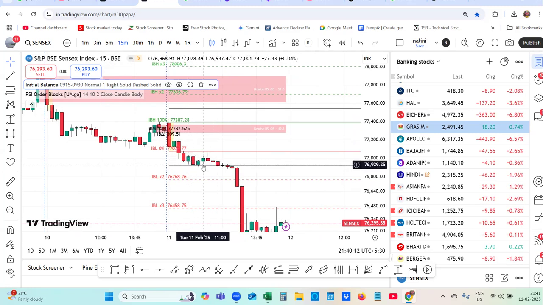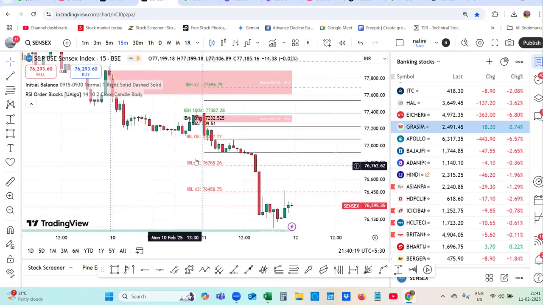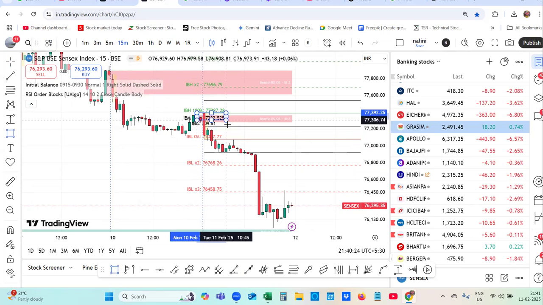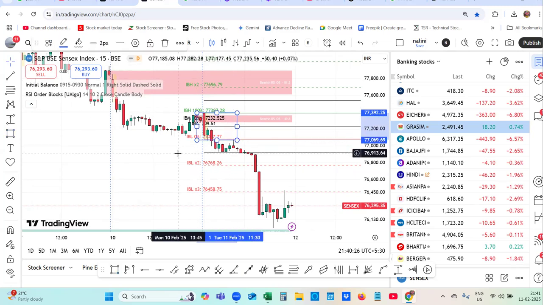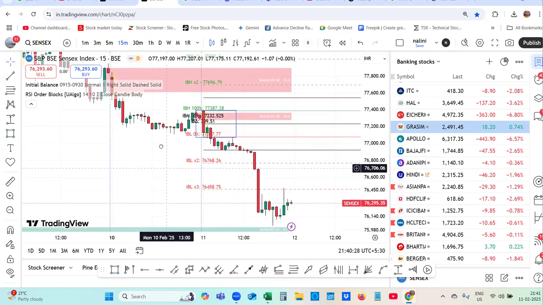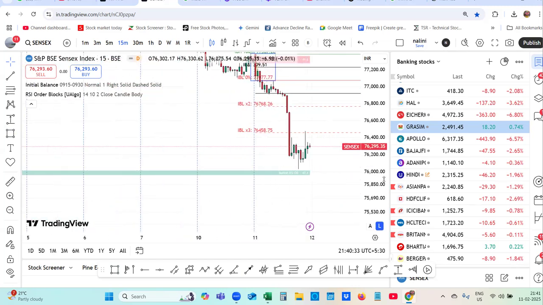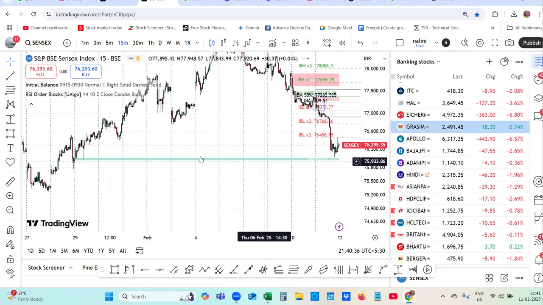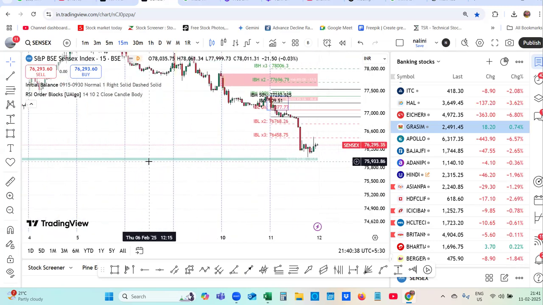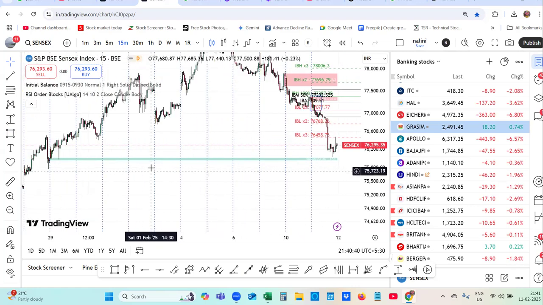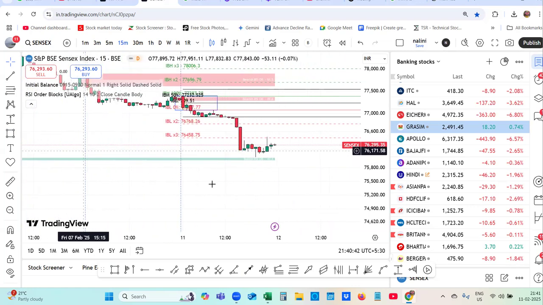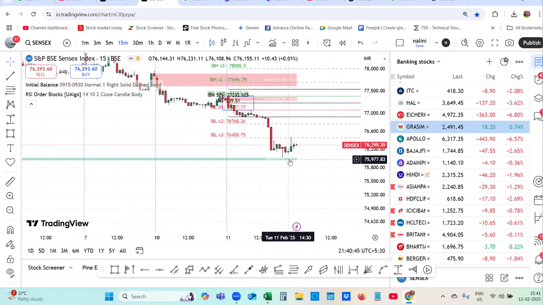People make mistakes by seeing the green candles. When it started breaking below this initial balance range, it was a narrow range, and it gave 1:3. Price started reacting exactly from this zone, a bullish order block present in the market. Historically it was there, and that's why price started reacting in that zone.